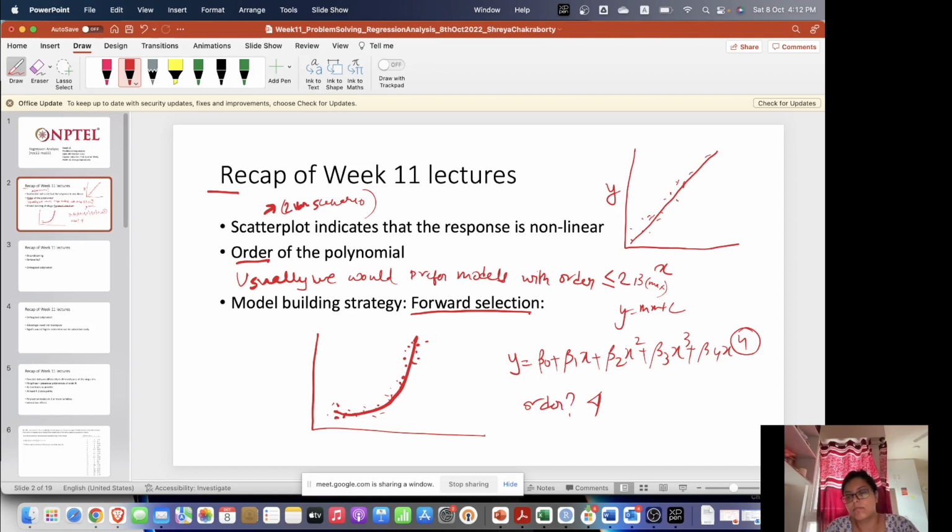Whichever parameter we find insignificant, there we end the process. If this one is insignificant, then we end there, then b3 x cube. So we would proceed to test sequentially each of these parameters, and wherever we find that the subsequent one is insignificant, we'll stop at the previous one.